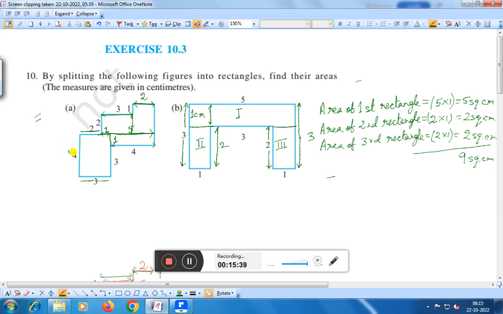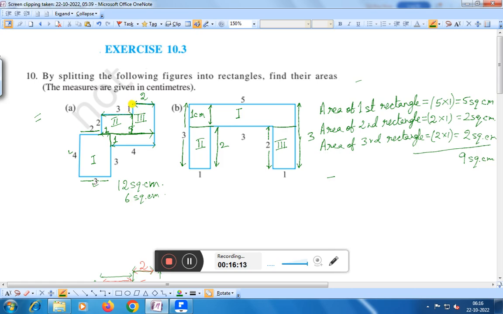The rectangle of this, length is 4 and breadth is 3, that is 12. That means 12 square centimeter is the area of the first rectangle, right? And second rectangle, suppose this is second rectangle. The length is 3 and breadth is 2, 3 twos are 6, it is 6 square centimeter, right? And suppose this is third rectangle.